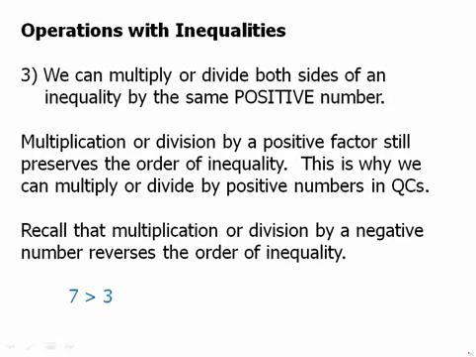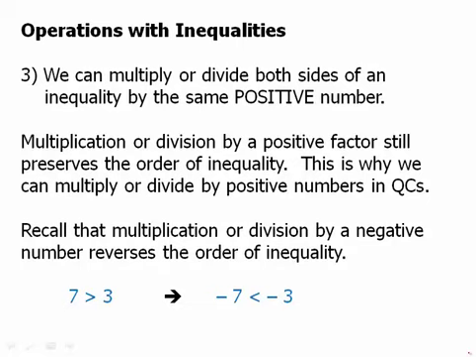So for example, it's a true statement that 7 is greater than 3. If I have $7, I have more money than if I have $3. But if I multiply both by a negative, well, now the relationship switches up.